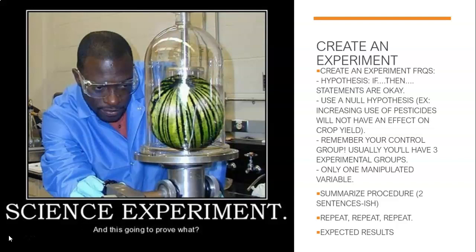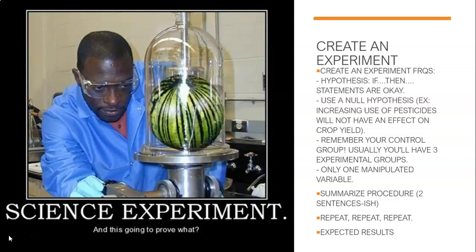I'm going to add different concentrations of fertilizer to 3 of the 4 pots. The 4th group of pots will have no fertilizer, as that is my control. Beautiful. I know that was 3 sentences, but I added my control in there. So summarize the procedure as much as possible. If you're running tight on time, you can usually get all of the points on this even without including the procedure, okay?